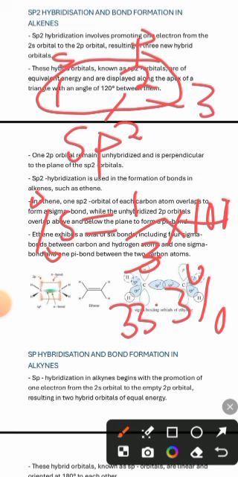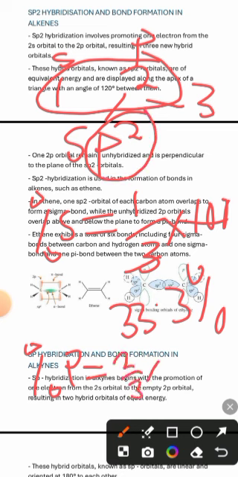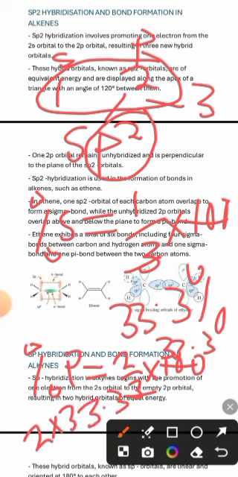Then for the percentage of P character, how many p orbitals do we have in the sp2 hybridized orbital? We have 2 p orbitals. So we have 2 over 3 times 100. 100 divided by 3 will give us 33.3. Then 2 times 33.3 will give us 66.6%.